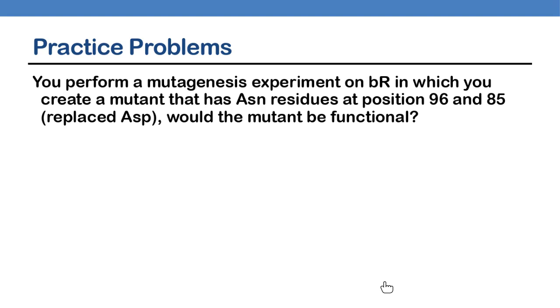Yes, so the answer is it probably wouldn't be functional because, like you guys said, you're taking away the carboxylic group that's able to accept and donate protons. For the student that said the Schiff base could still donate a proton, that is correct. So you could still get that change in pKa. However, you're taking away the proton acceptor by having the asparagine residue instead of the aspartic acid. So it's likely that it won't be functional because of that.